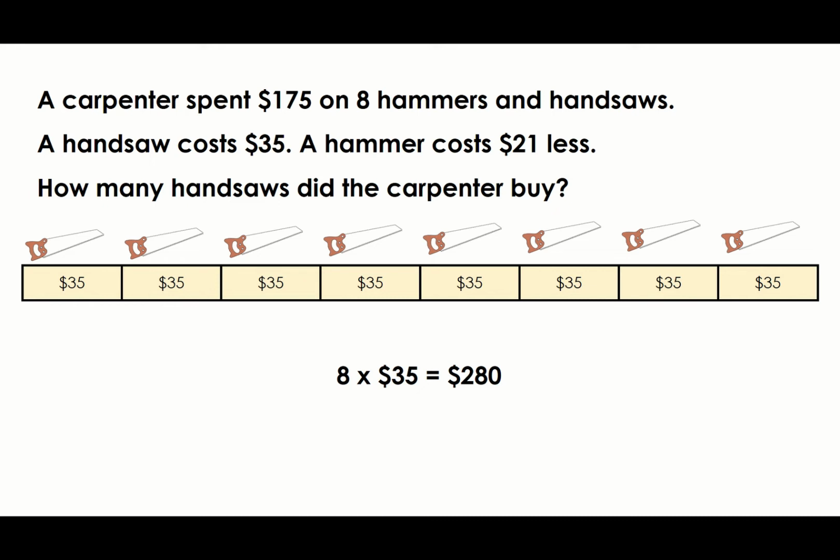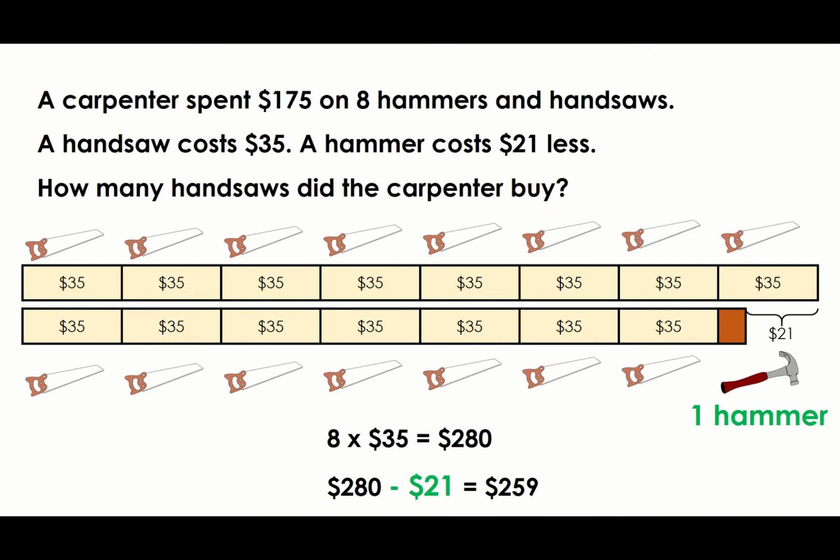Clearly, that is not $175, and so we need to work at it. Now, let's talk about the special pattern. You noticed that when I switch one handsaw into a hammer, the total cost reduces by $21. Can you see that?